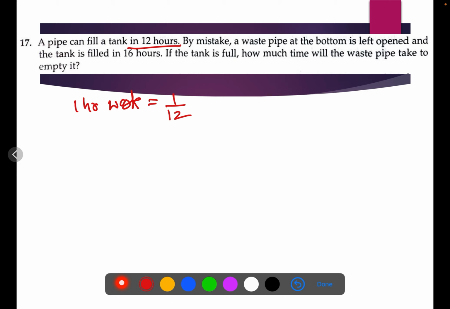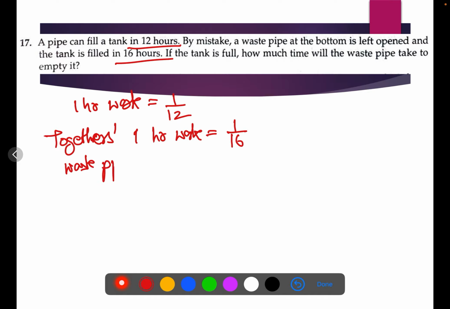It is given that both are working together. So together's 1 hour work, 1 upon 16. Now to find out the waste pipe's work, what I'll do? 1 upon 12 minus 1 upon 16.